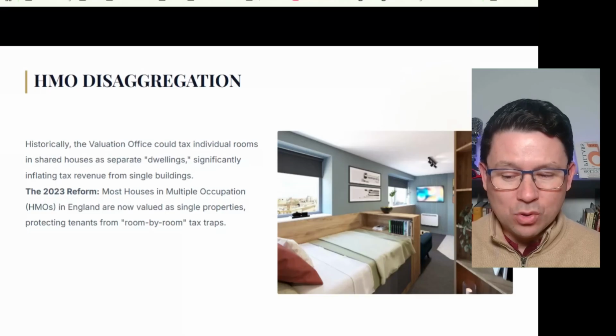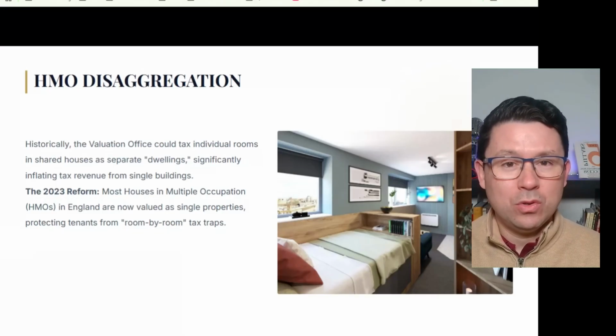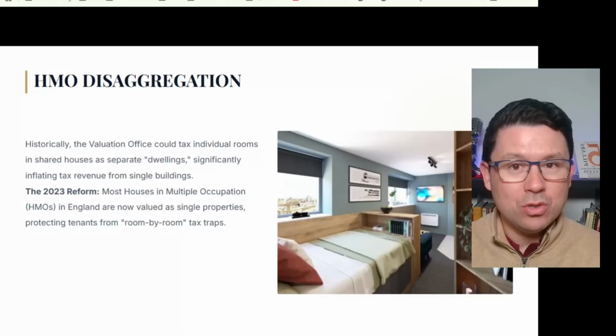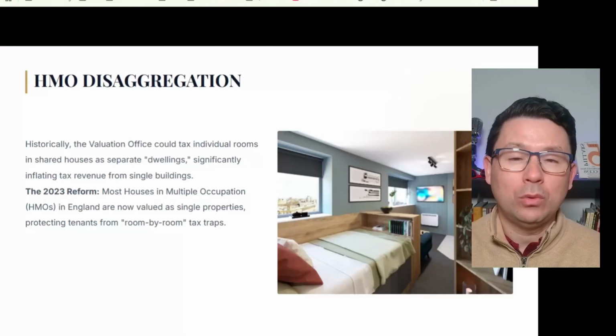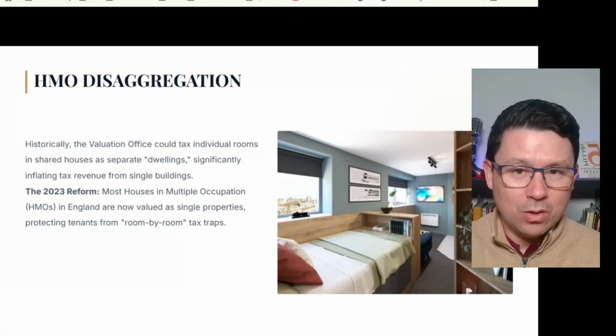And this is something very critical if you have HMOs to understand and know that if your council right now is doing disaggregation on your HMO, you have the tools to stop them and tell them, no, you cannot do that.